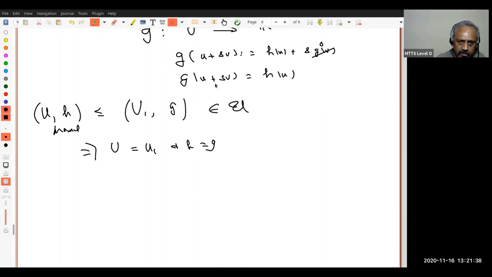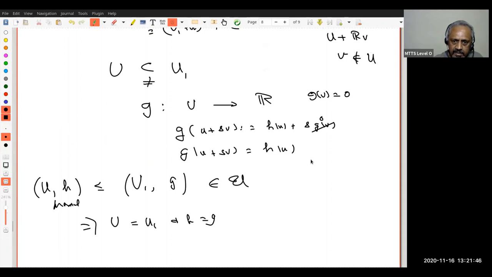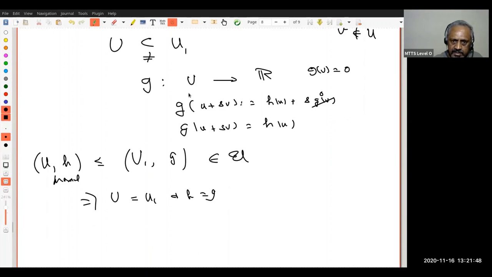You understand? To arrive at this, I have to make sure that I have an extension. What should be G? G must be an extension of H. Have I done that? Yes, because start with any vector here. And why does this work? Why is this correct?